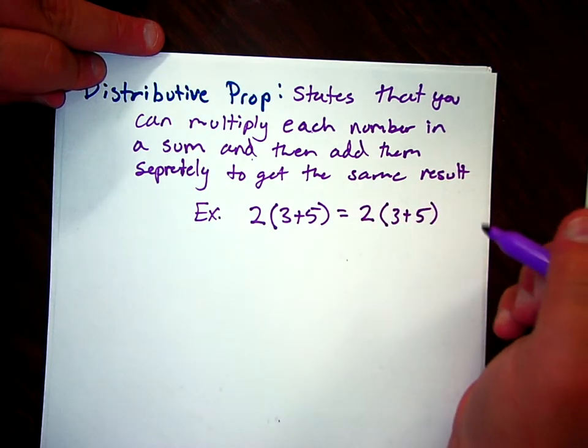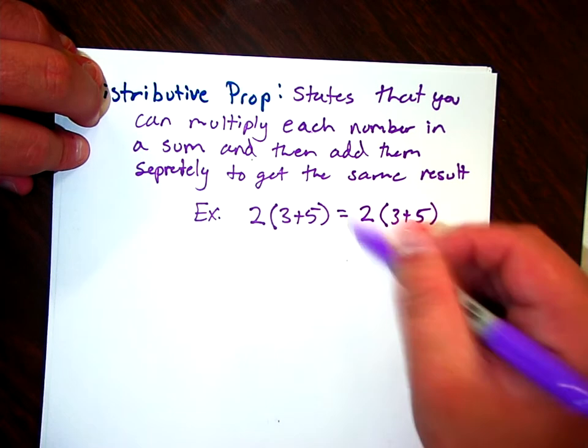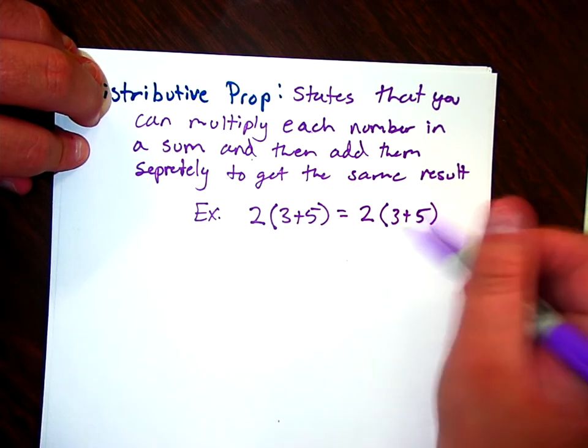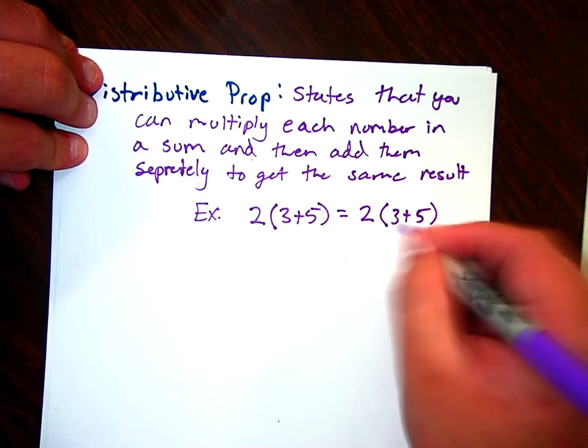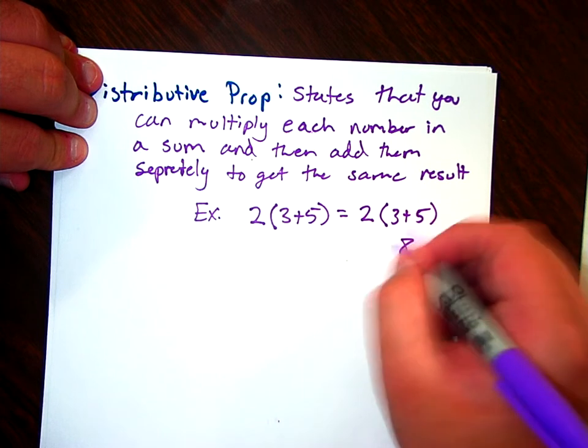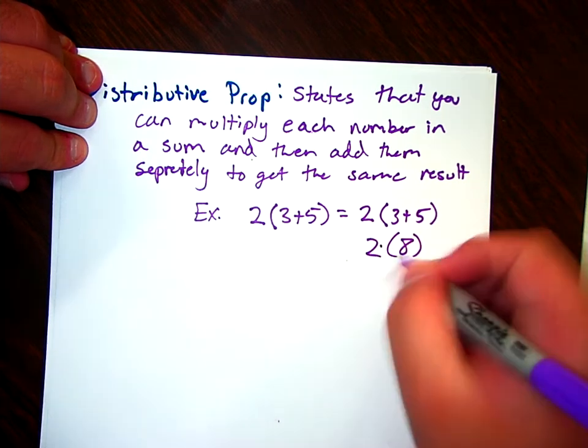So you all have seen distribution before, so let's test it out. If we use this right side and just simplify it with the addition first, then that would be 5 plus 3 is 8, right? And we still have the parentheses and the 2. So 2 times 8 on this side, which simplifies again to 16.